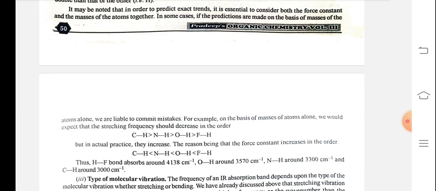But in actual practice, they increase. The reason being that the force constant increases in the order carbon hydrogen, nitrogen hydrogen, oxygen hydrogen, fluorine hydrogen. Thus, hydrogen fluorine single bond absorbs around 4138 cm inverse, oxygen hydrogen around 3570 cm inverse, nitrogen hydrogen single bond around 3350 cm inverse, and carbon hydrogen around 3300 cm inverse.